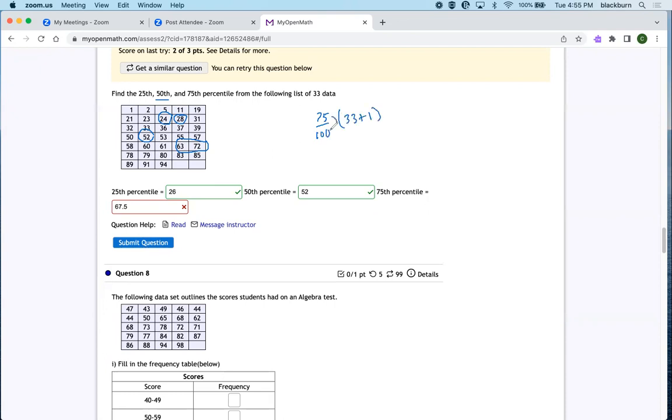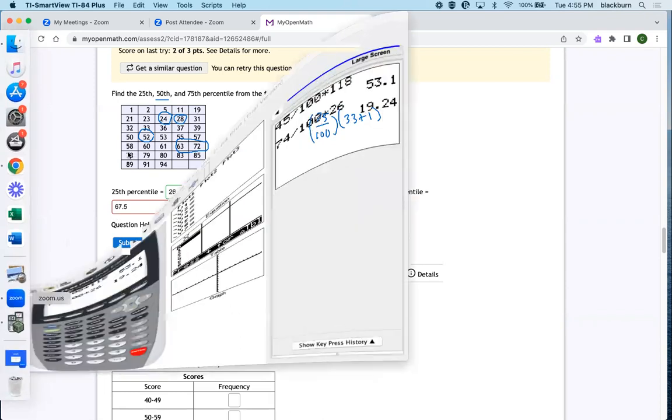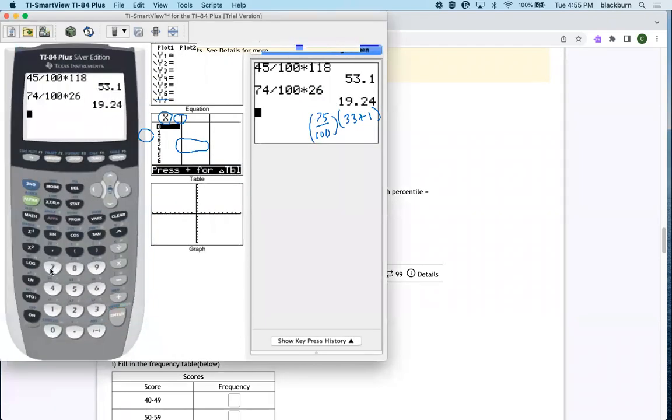So that's going to give us the position of the 75th percentile. Let's see what we get. 75 over 100 times 34 is 25.5. So halfway between the 25th and 26th data points. So I must have counted wrong.